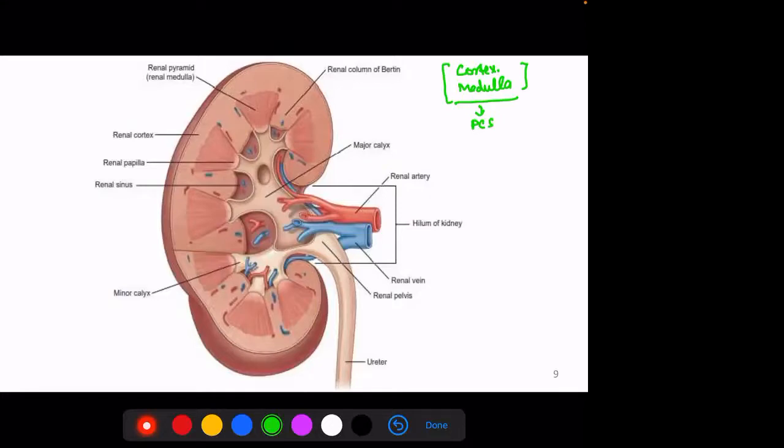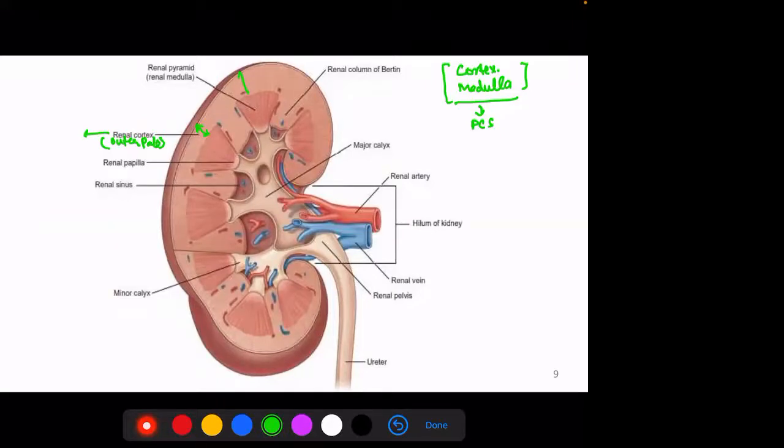So when we cut down the kidney from the above surface and we enter the kidney, this is the microanatomic structure of the kidney. We see that this much part, the outer pale part, is renal cortex. So what is the important MCQ about renal cortex?